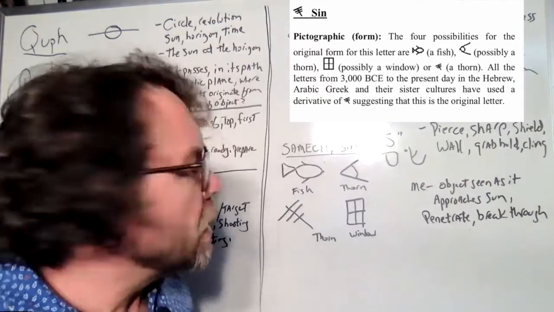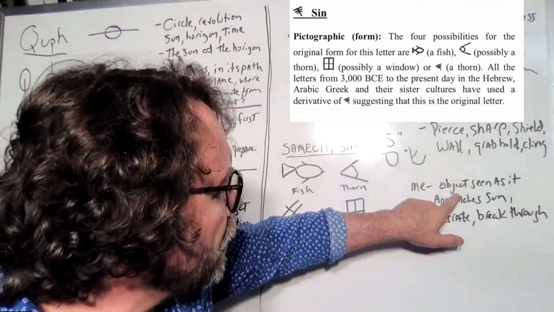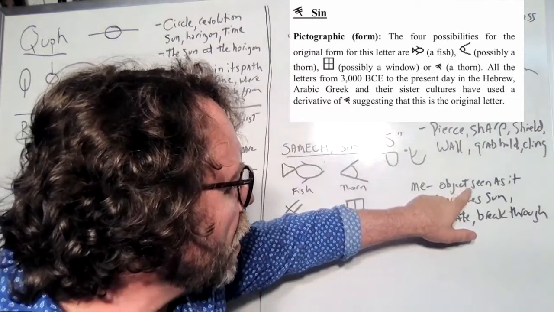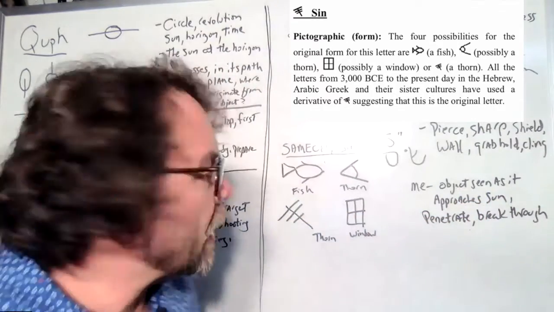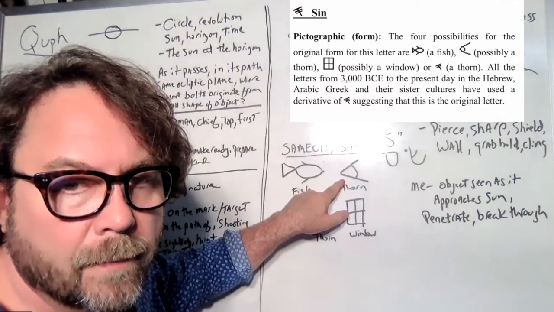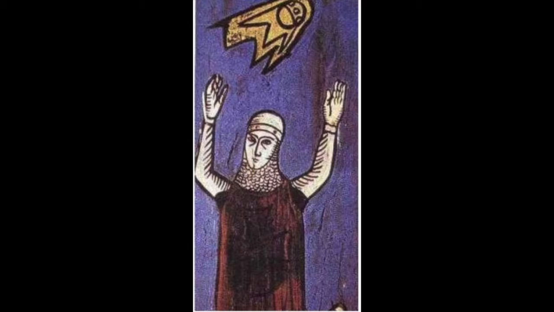Okay, now then, from the ancient Hebrew perspective, objects seen as it approaches the sun. Okay, I attached that one to this one right here, because there are several depictions, like in paintings and things, of this exact object.